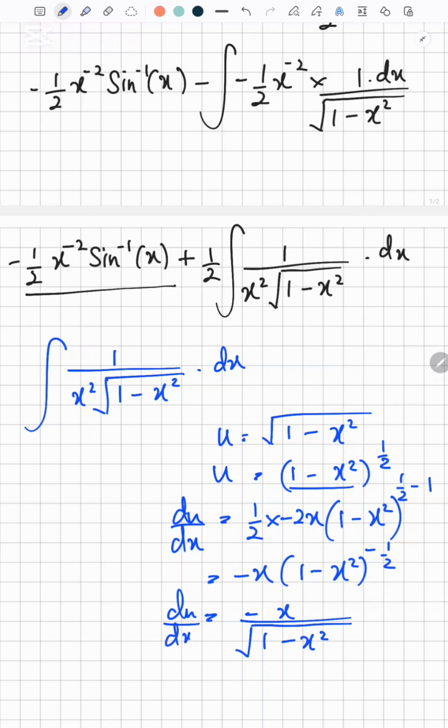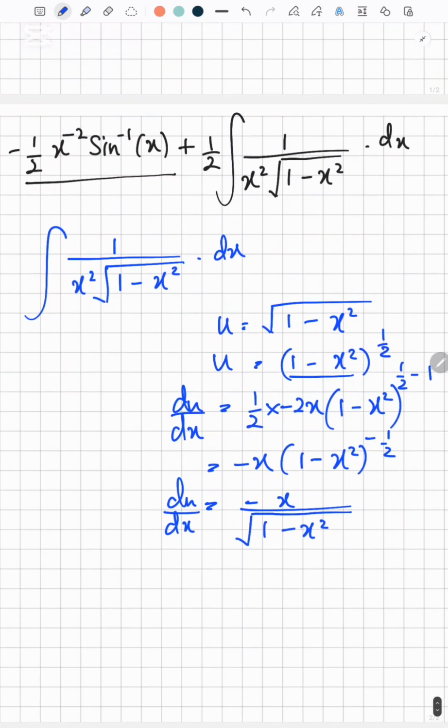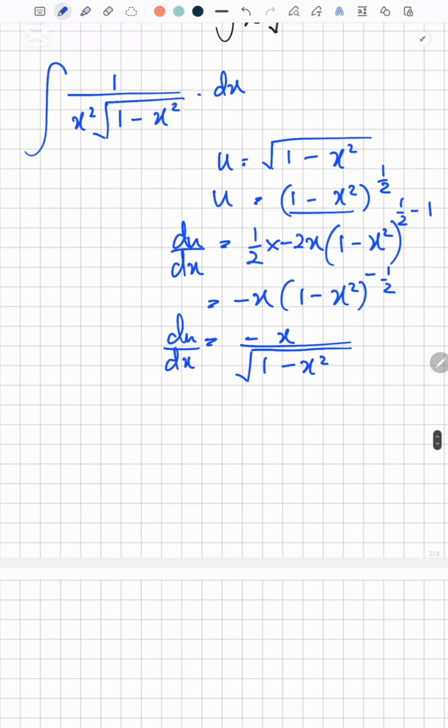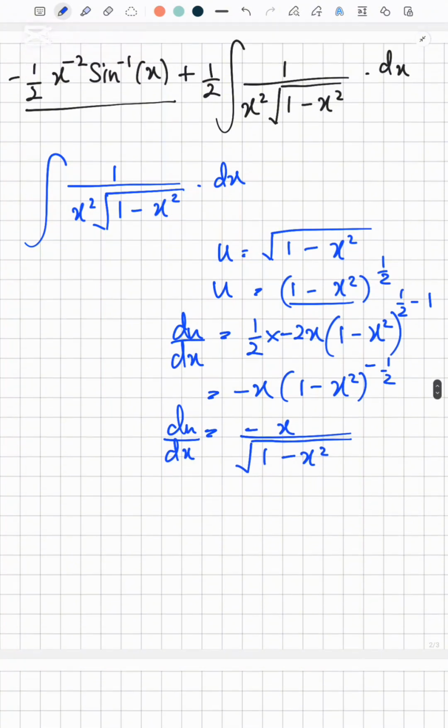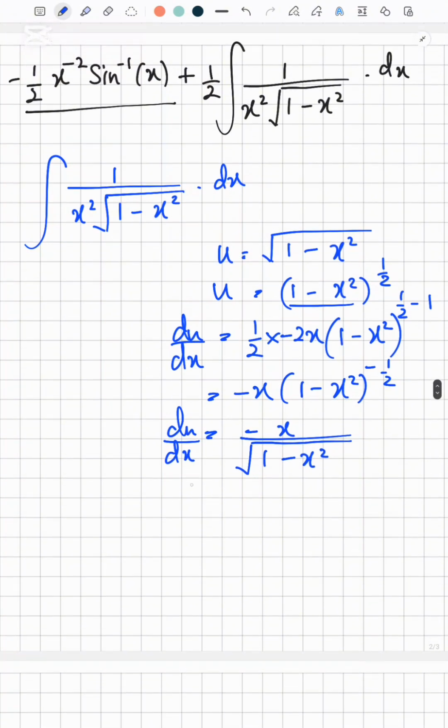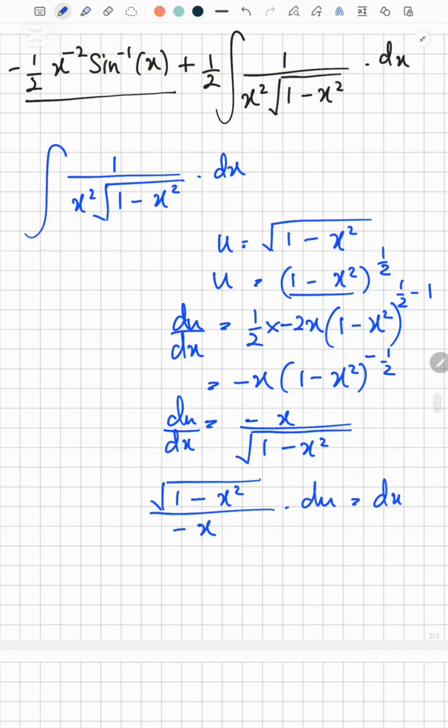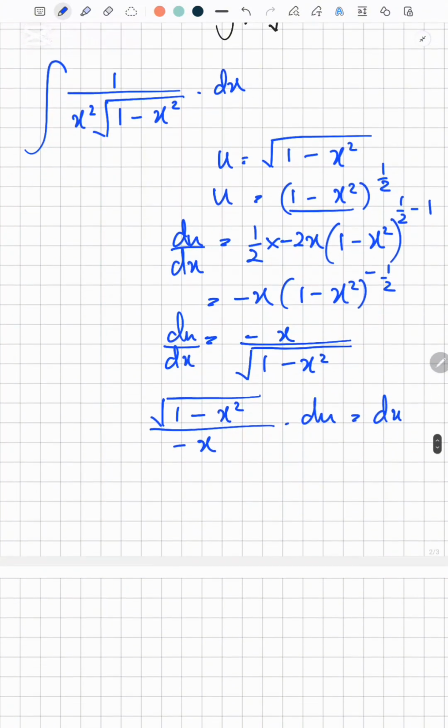So du over dx is that. We make dx the subject, because we need to get the formula for the integration in terms of u.